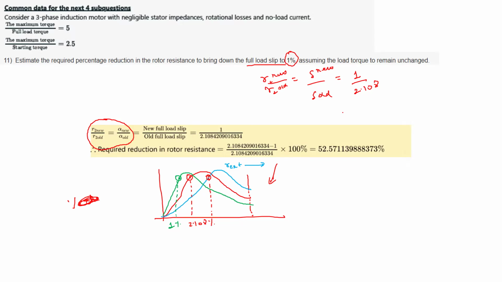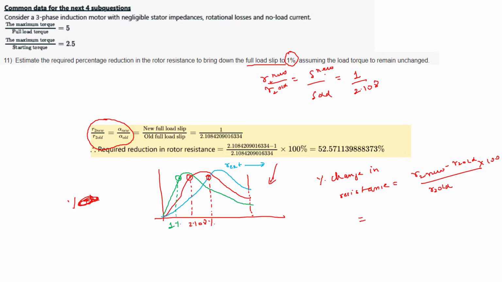Now we have to express the change in terms of percentage, right? So the percentage change in resistance will be R2 new minus R2 old by R2 old into 100%. This is how we express the change in percentage. What is our R2 new?